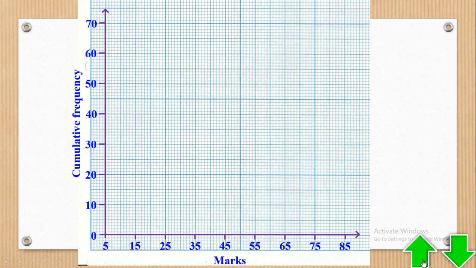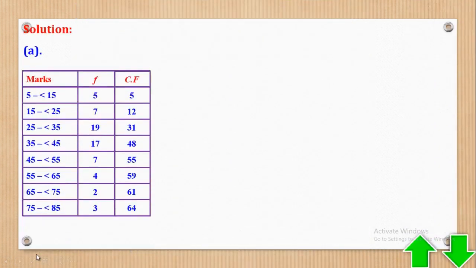So next is to plot. Now plotting, like I said, you plot upper class boundaries against cumulative frequency. So for this, 15 will correspond to 5, and so on for the others.